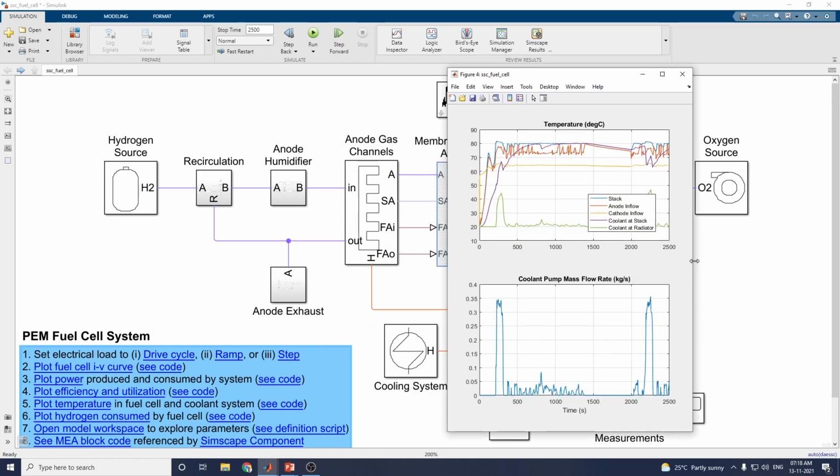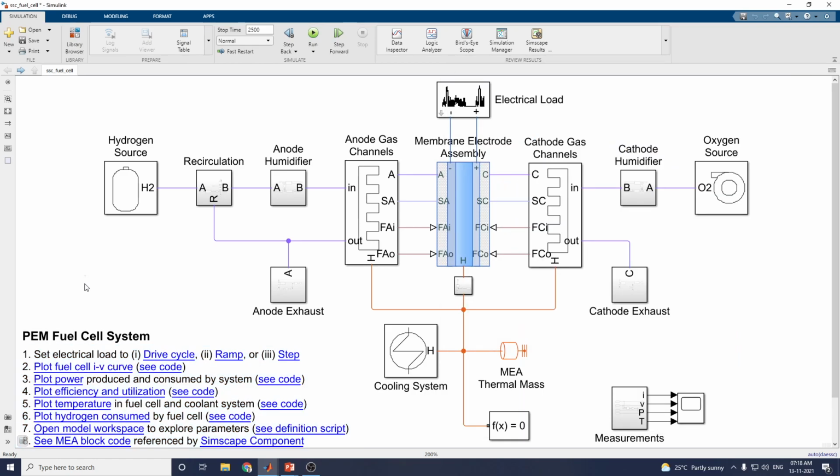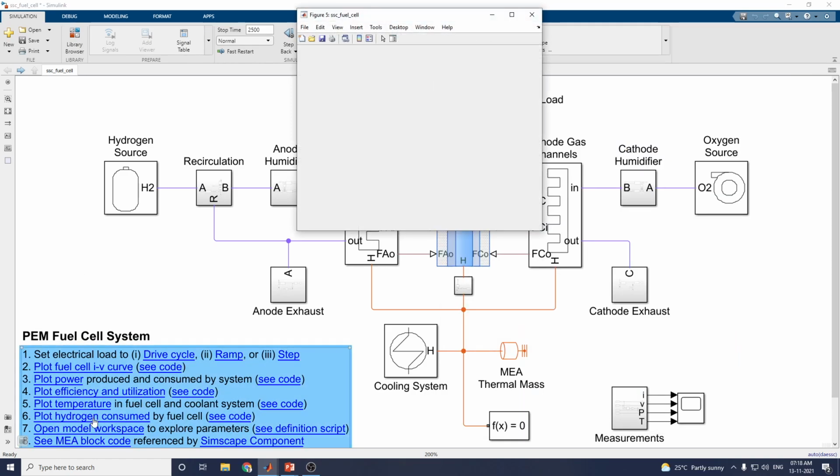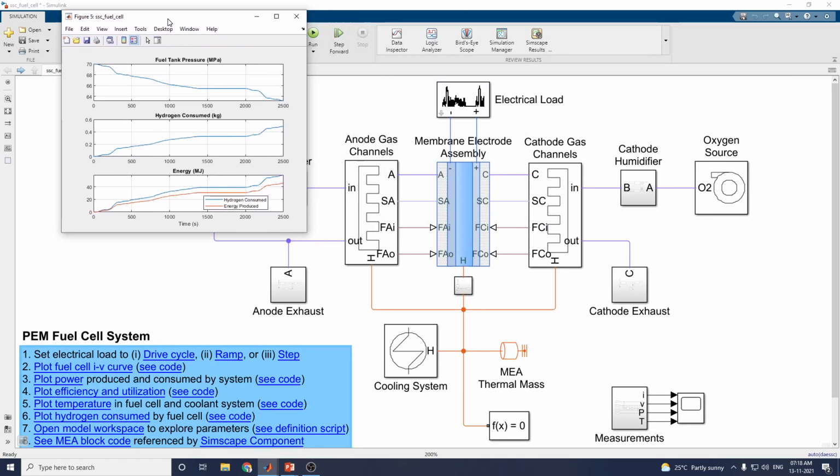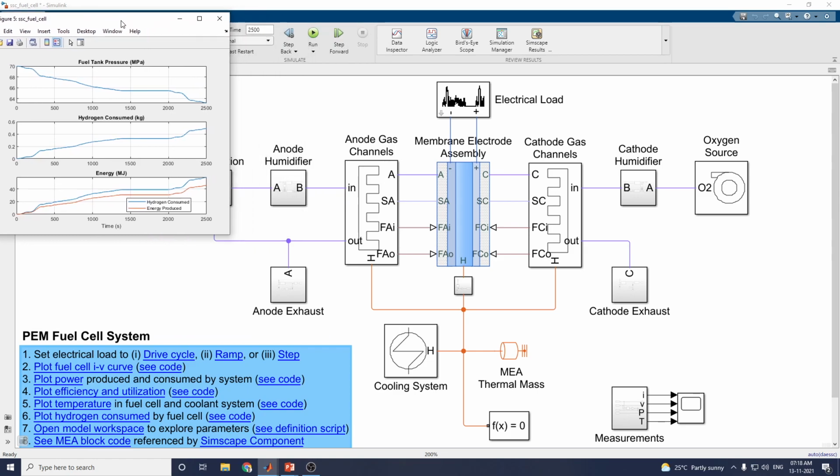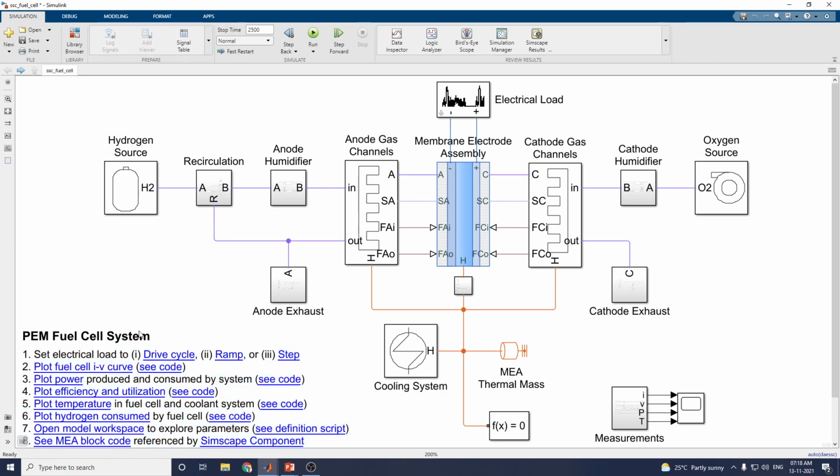These points are discussed in the presentation section. The next one is the hydrogen consumed by the fuel cell, and also measure the fuel tank pressure, hydrogen consumed and energy produced. And also these blocks are there.